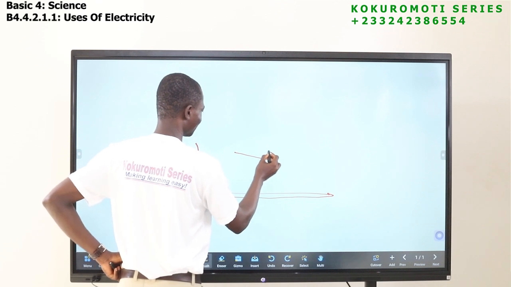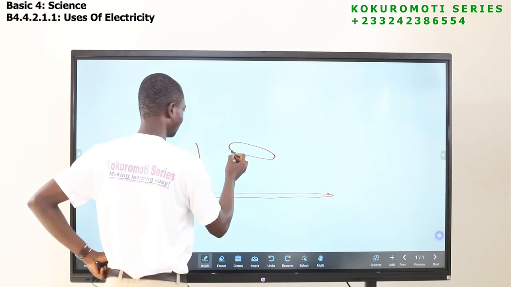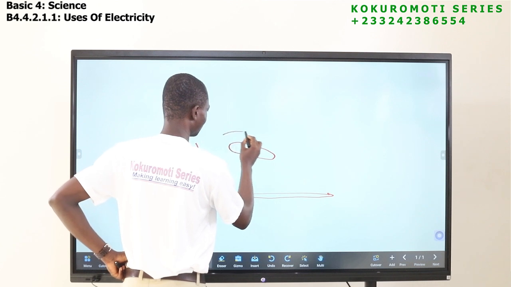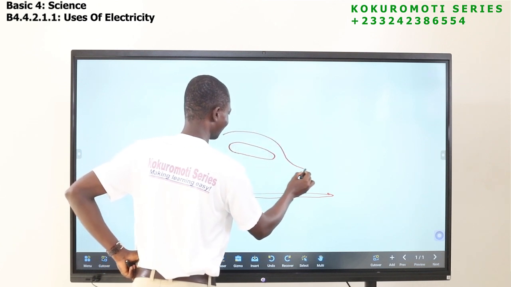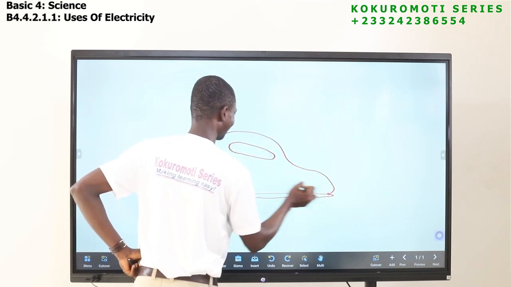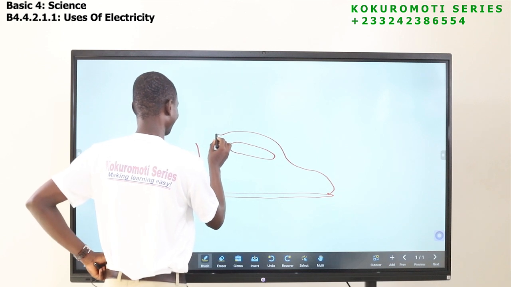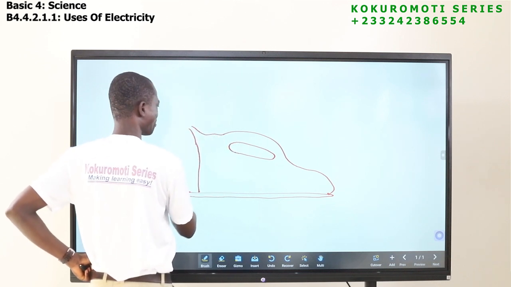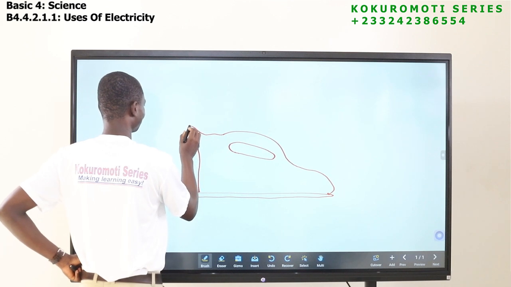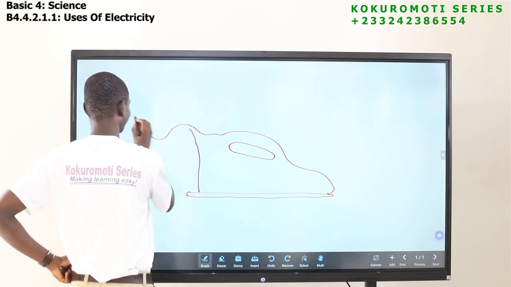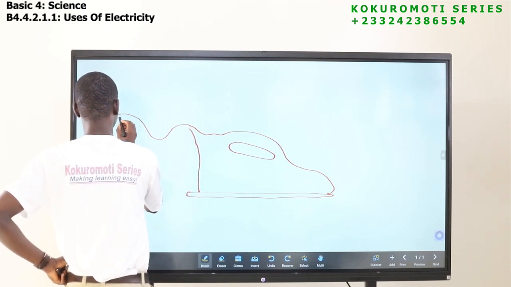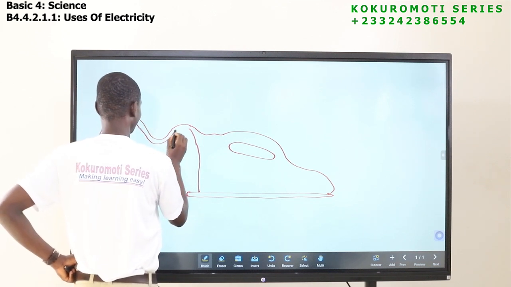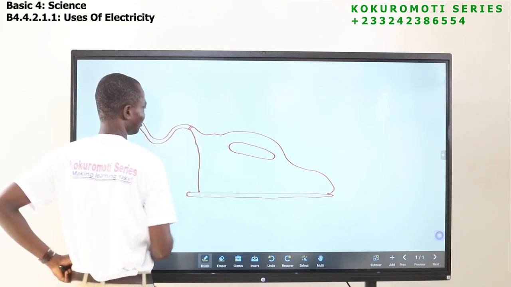You have this. You have this. Have you seen it? So this is your iron.